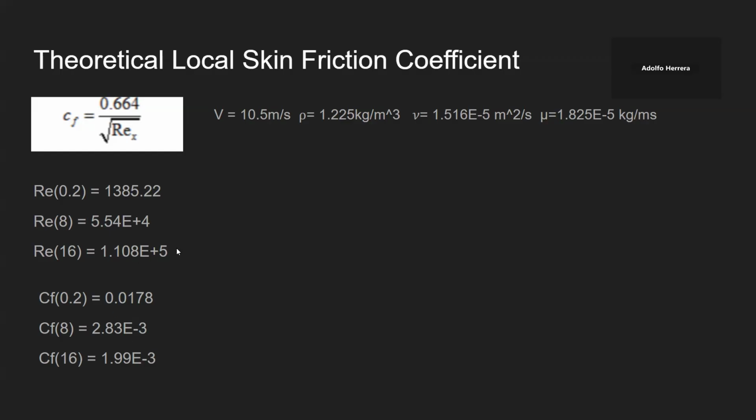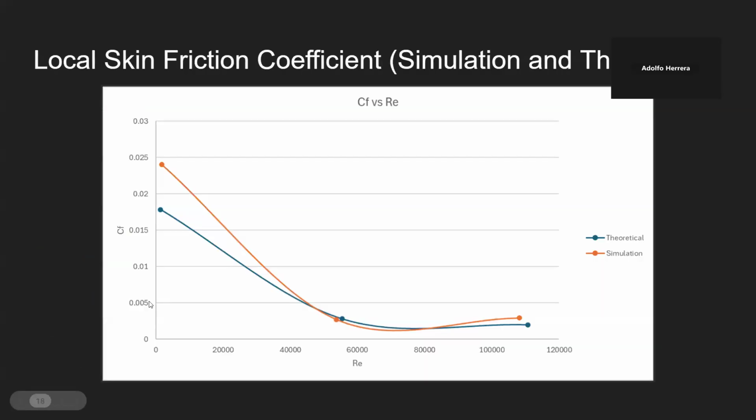And then what I did was plot the skin friction coefficient versus the Reynolds number, and I did the same thing that I did for the wall shear stress plot, which was gathering the same points, 0.2, 8, and then 16 centimeters across the plate, and gathering the respective Reynolds numbers and skin friction coefficient values.